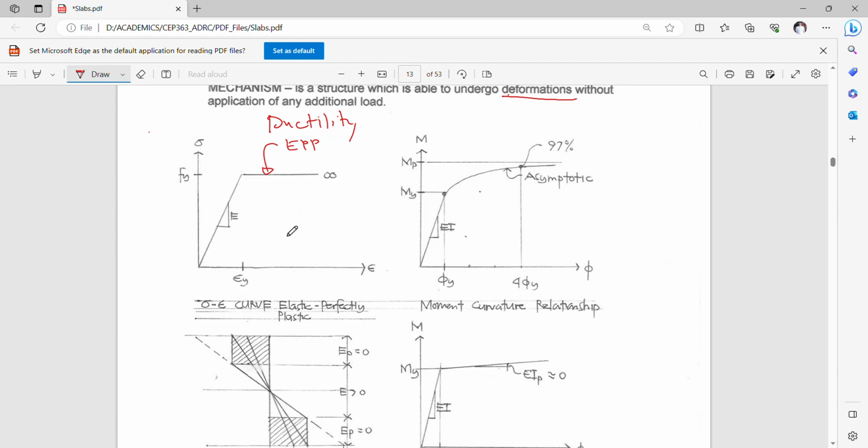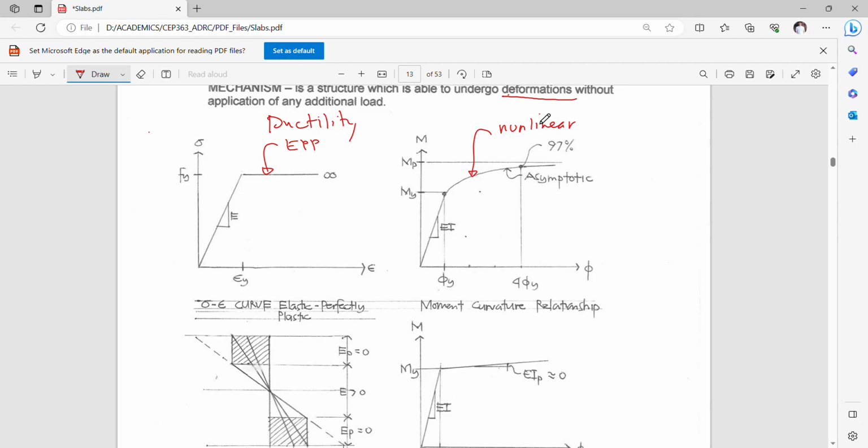So converting this into a moment curvature relationship, we can now introduce the nonlinear moment response in terms of curvature or rotation in this manner.